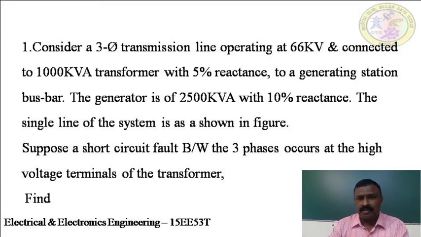The generator is of 2500 kVA with 10% reactance. The single line diagram of the system is as shown in figure. Suppose a short circuit fault between the three phases occurs at the high voltage terminals of the transformer.